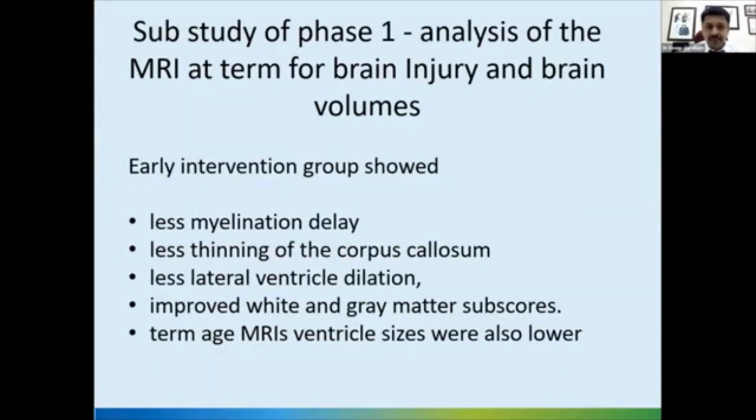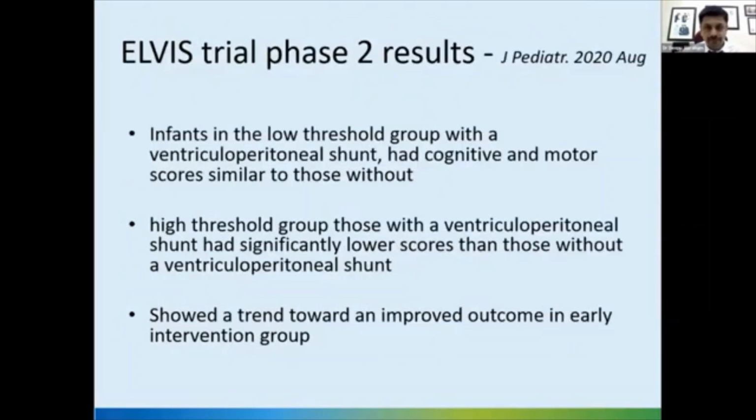There was less myelination delay, less thinning of the corpus callosum, and other subscores in the MRIs, and the ventricular sizes were also lower in the early intervention group. So this gave a hint that it could show up in the clinical outcome. So we waited for the 2-year follow-up outcome, which was published in mid last year.